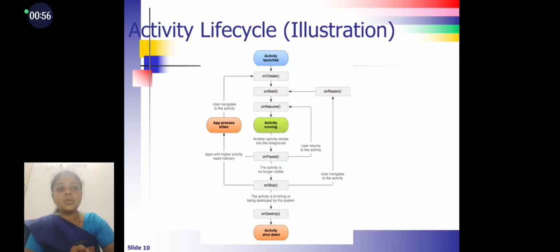Now the activity lifecycle goes to the onPause method when the activity is not visible to the user. Then the onStop method: here the activity is finishing or being destroyed by the user or the system. And finally it calls onDestroy, after which the activity is killed or shut down. In the meanwhile, after onPause is called, it may go back to onResume, or it may go to onStop or destroy.